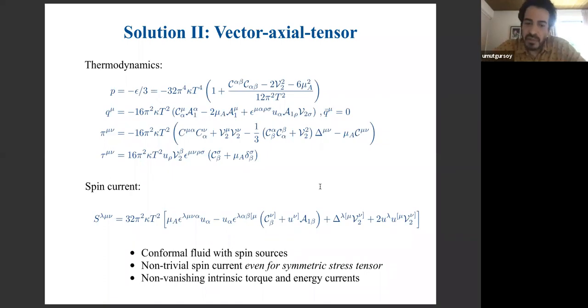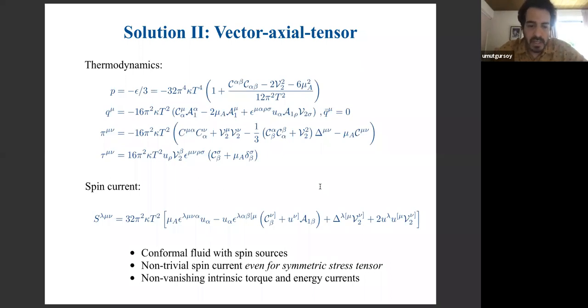So this happens: you have a non-trivial spin current in this holographically renormalized theory, and you read that off from the 1-point function, even in the absence of the antisymmetric part of the energy momentum tensor. And this is exactly what you would expect, because in this conservation law for the spin current, there is also this connection term, which is non-trivial in the presence of a torsion.